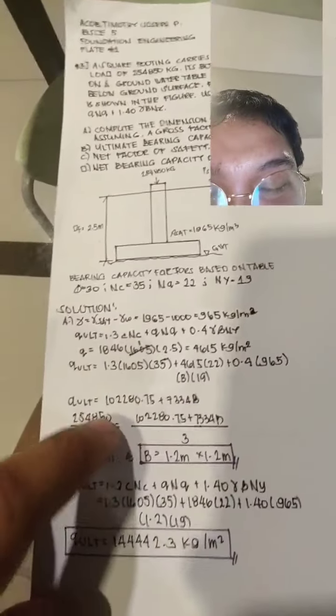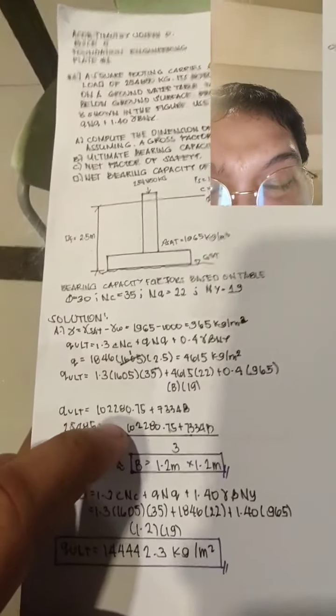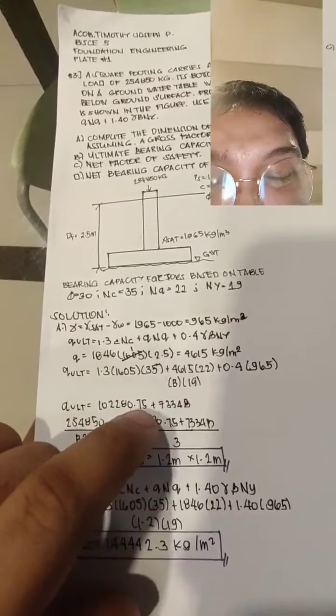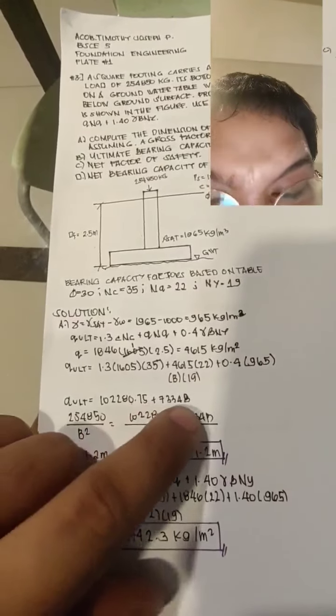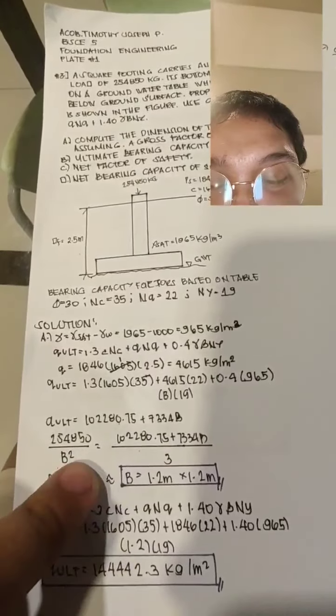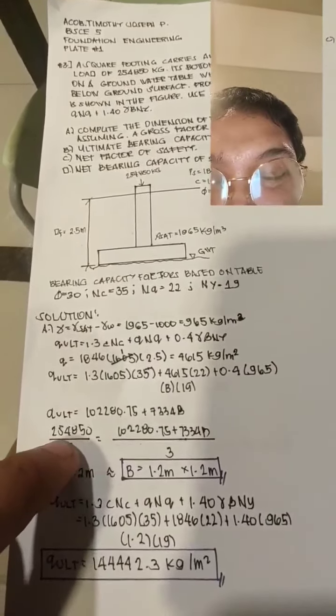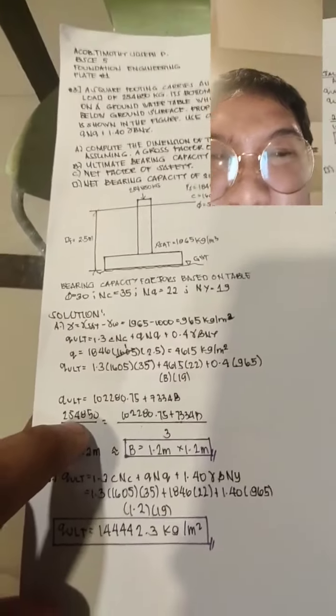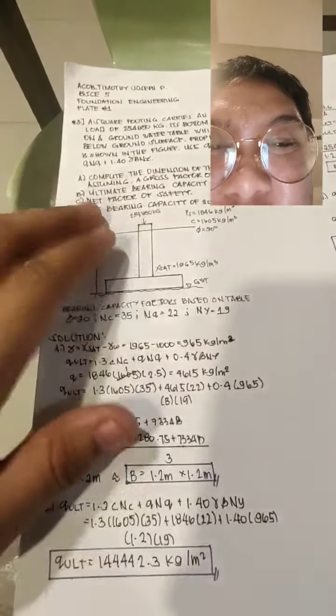So we have here Q ultimate is equal to 1022.80.75 plus 7334B. So gagamitan natin siya ng ganito. We have 25, ito yung load.